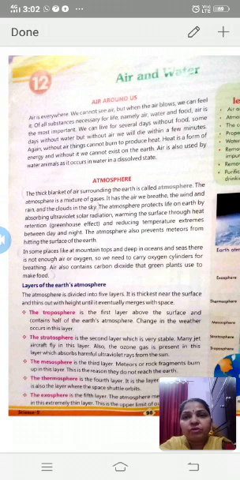Again, without air, things cannot burn to produce heat. Heat is a form of energy, and without it, we cannot exist on the earth. Air is also used by water animals as it occurs in water in a dissolved state.